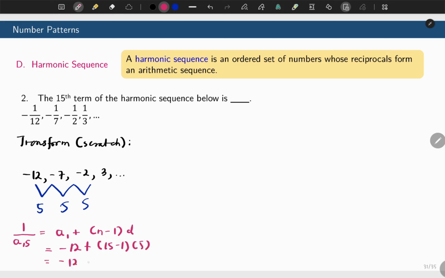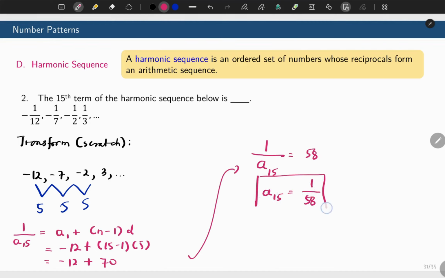Okay, negative 12 plus 70. So we have 1 over a sub 15 equals 58, positive 58. Okay, so this one becomes a sub 15 equals 1 over 58. So this is the answer. 1 over 58.